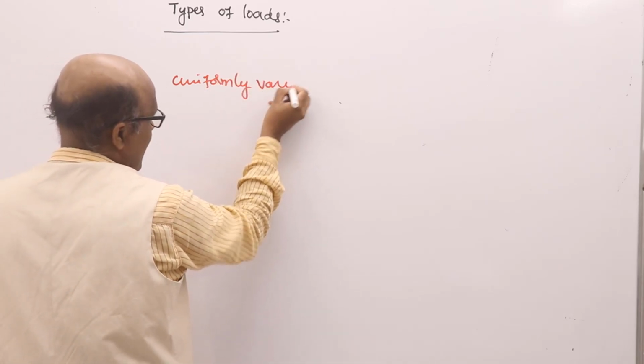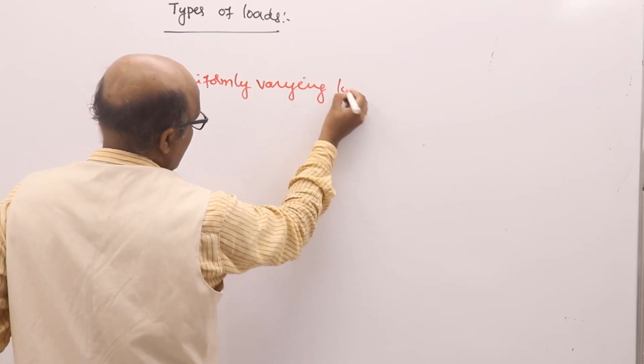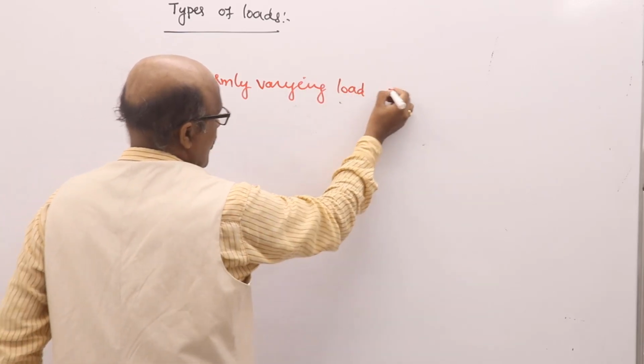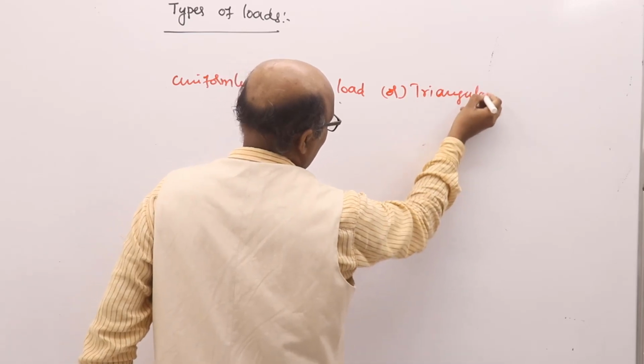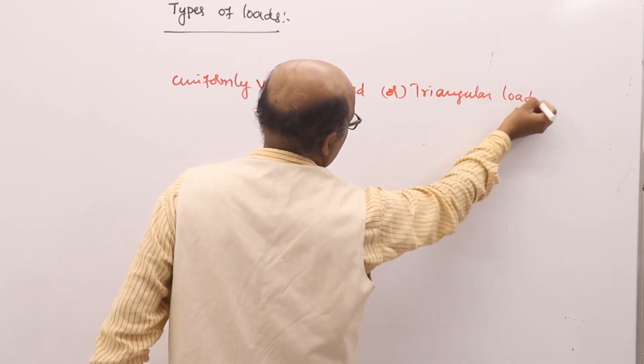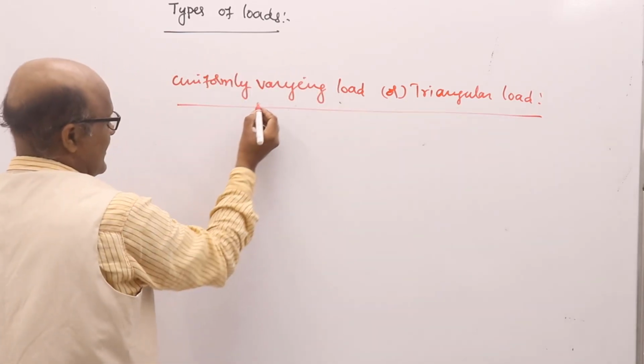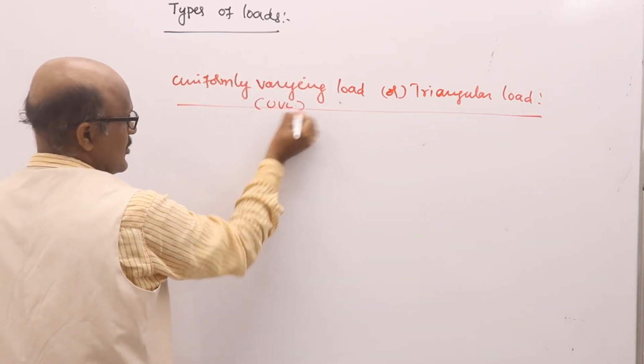Uniformly varying load, or triangular load. It is represented with UVL.